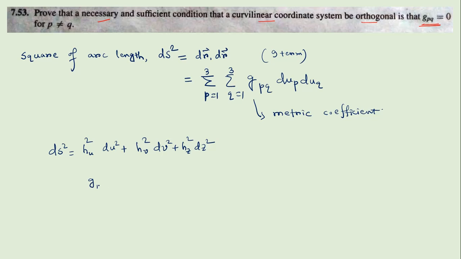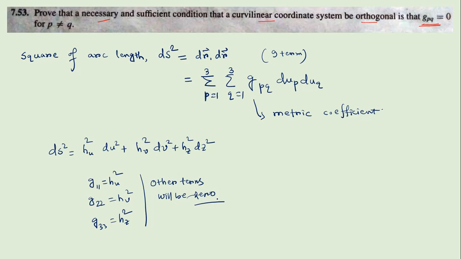So g11 is h_u square, g22 is h_v square, g33 is h_z square, and the other terms will be 0.